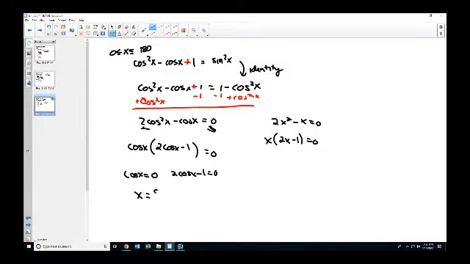That happens at 90. And where's cosine 1/2? 60 degrees.